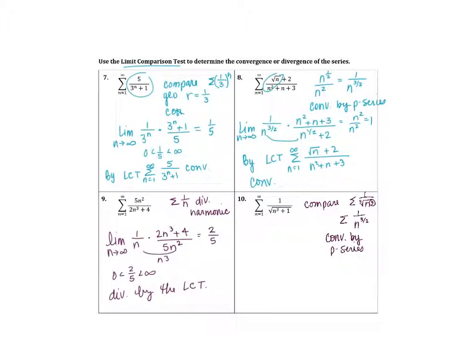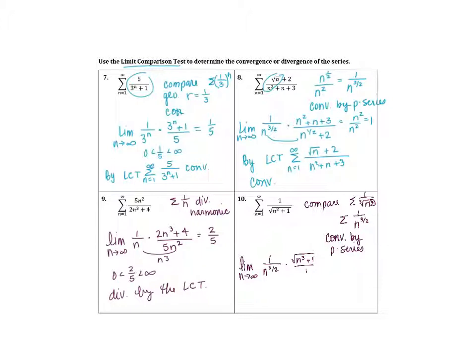Okay, and so let's go through and do our limit comparison. So we're going to look at the limit as n approaches infinity, and we're going to have 1 over n to the 3/2 times the square root of n cubed plus 1 over 1.